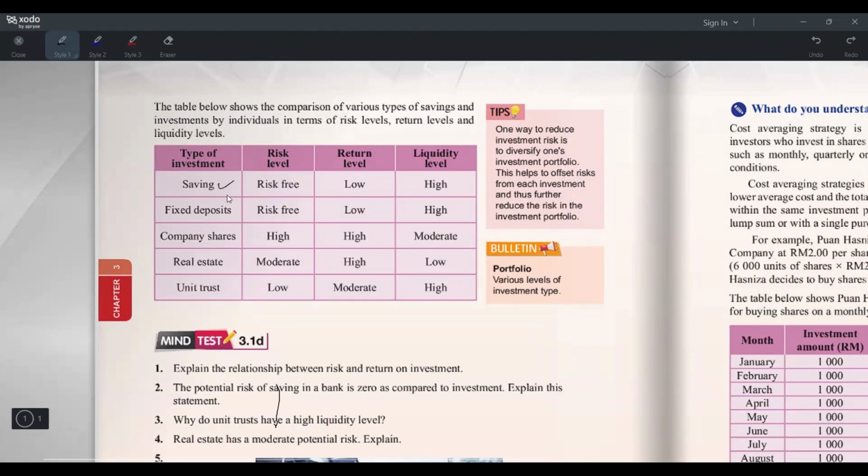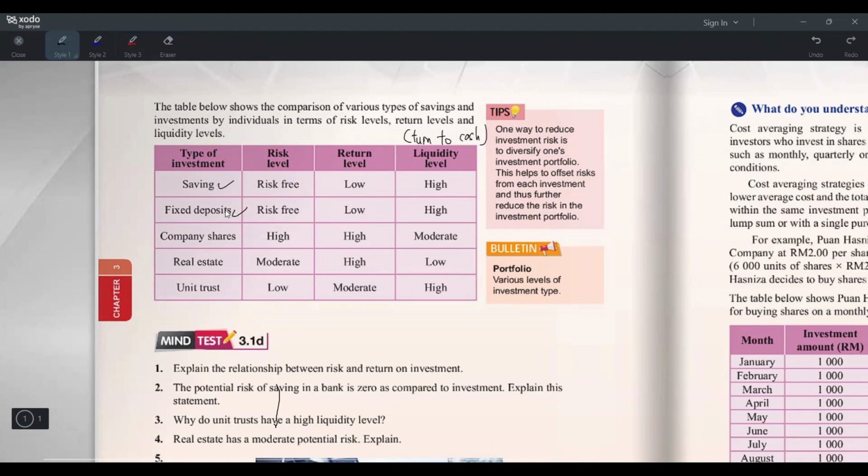So you can see that for savings and fixed deposit, the risk level is risk free. Yes, there's no risk. But the return level is very low for savings and fixed deposit, right? And the liquidity level is high, right? Okay, what is liquidity level? Liquidity level means the ability to turn into cash. All right, so I'll just write here turn to cash.